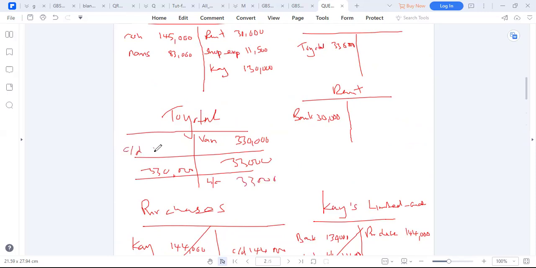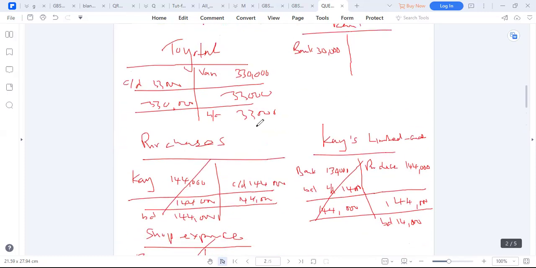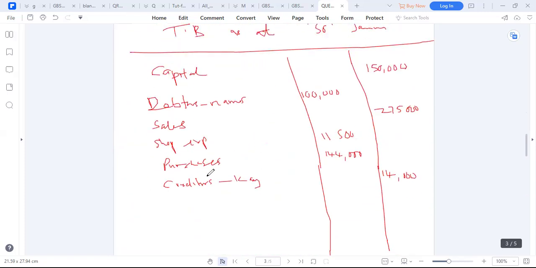So anyway, you know what I'm talking about. I would have loved this on just one figure as creditors. So this will be 144. You get that? Preferably.